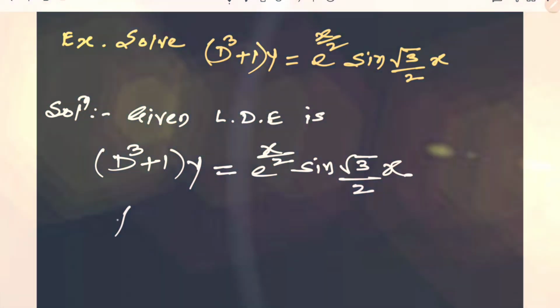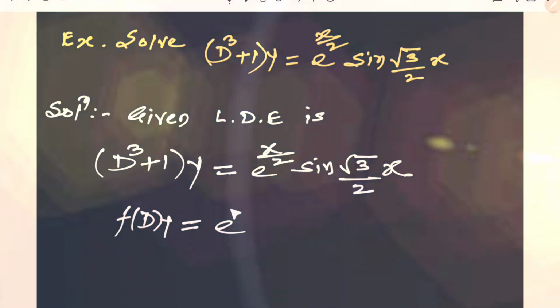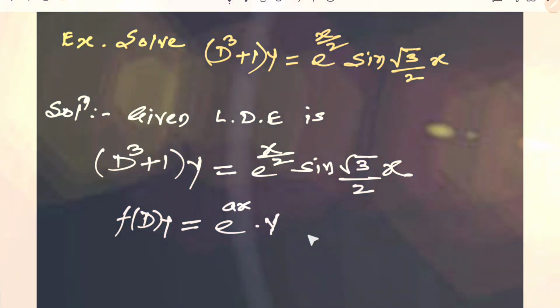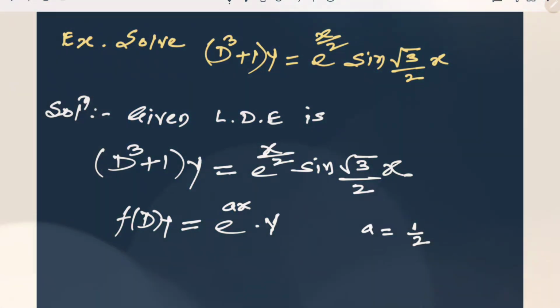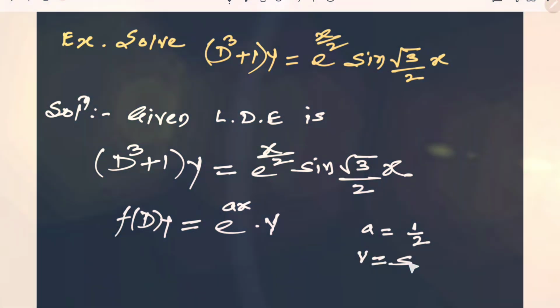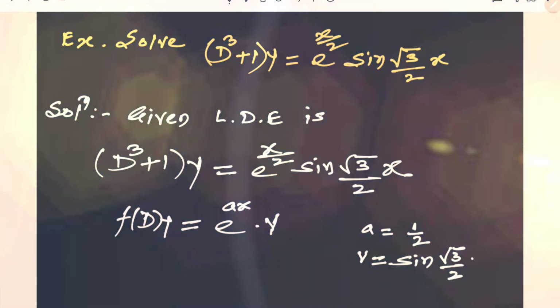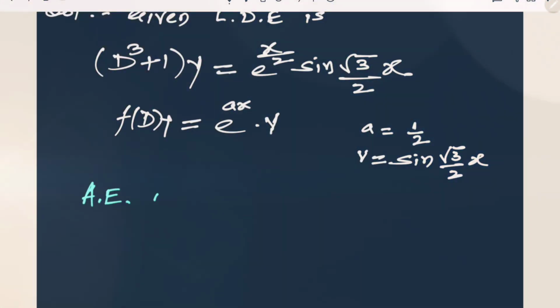Therefore, it is in the form of e raised to ax into V. The right hand side is e raised to ax into capital V, where a is the coefficient of x in e raised to ax, here it is 1 by 2, and V is sine of square root of 3 divided by 2 into x. And then we have to obtain the CF and PI.